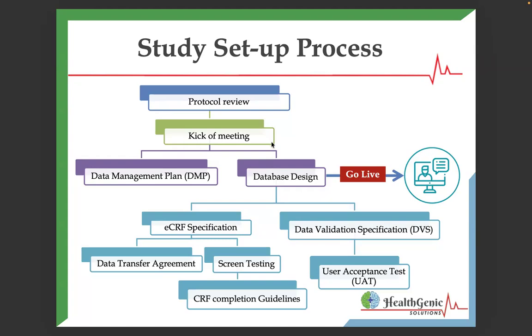So the protocol is nothing but a document which contains how a clinical trial should be conducted. It is the document for which we get an approval. It also includes sites and sample sites. Anything else?